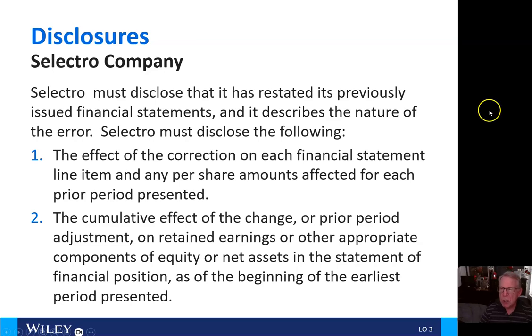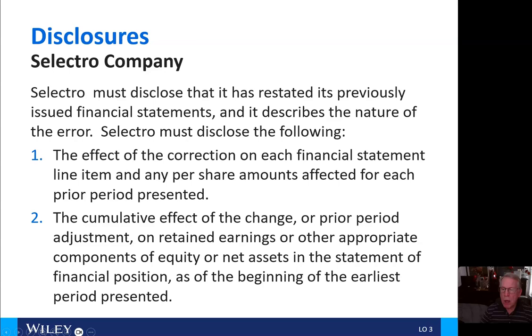All right, disclosures. Selectro must disclose that it has restated its previously issued financial statements, and it describes the nature of the error. Selectro must disclose the following. Number 1, the effect of the correction on each financial statement line item and any per share amounts affected for each prior period presented.